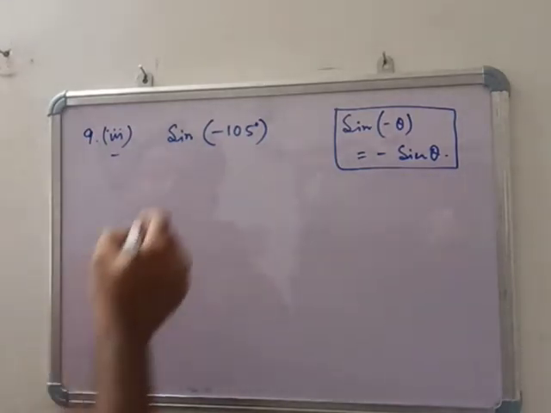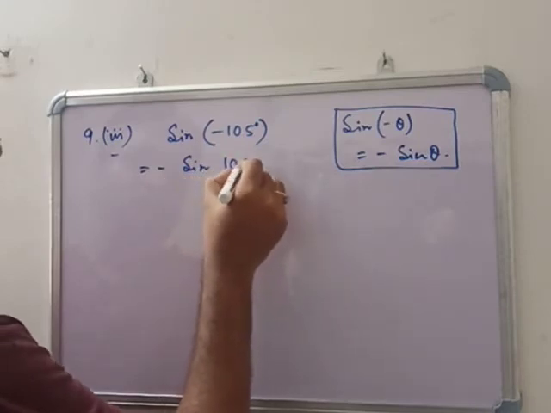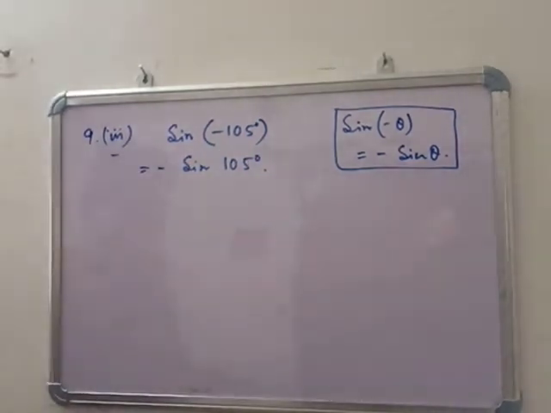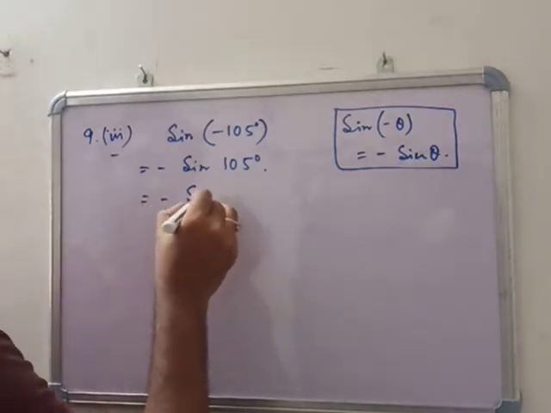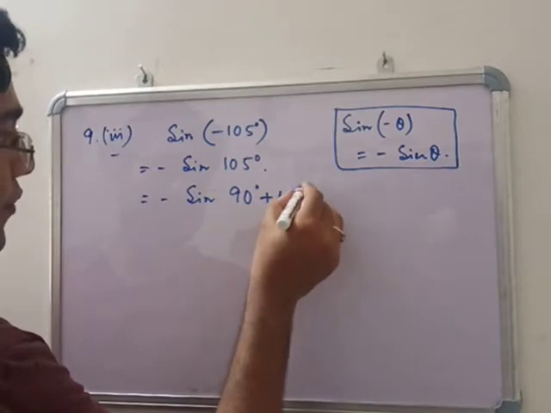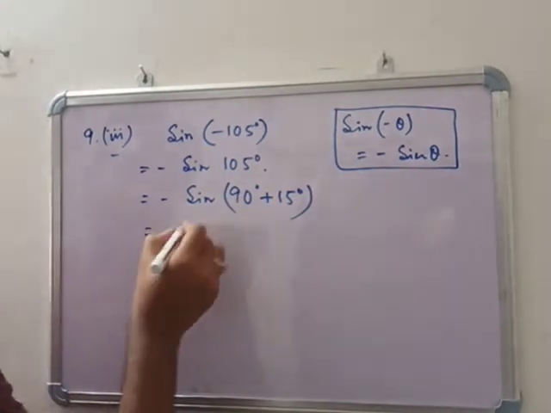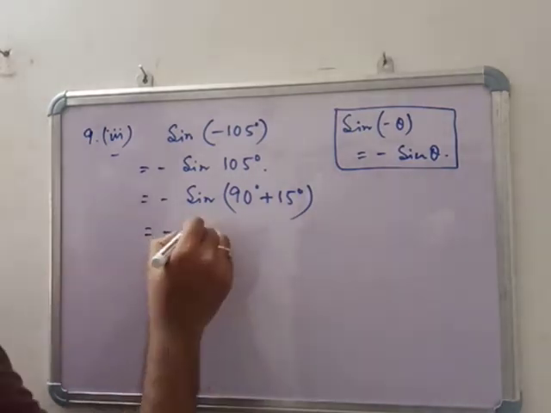So we can write minus sine 105 degree. 105 degree can be expressed as minus sine of 90 degree plus 15 degree. So sine of 90 degree plus theta means sine theta.